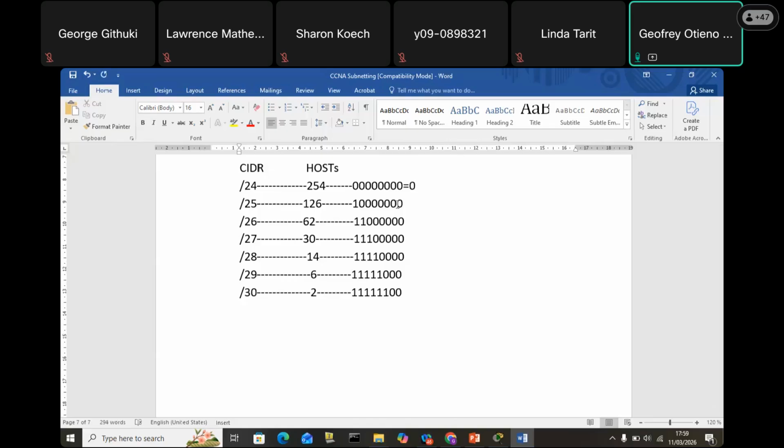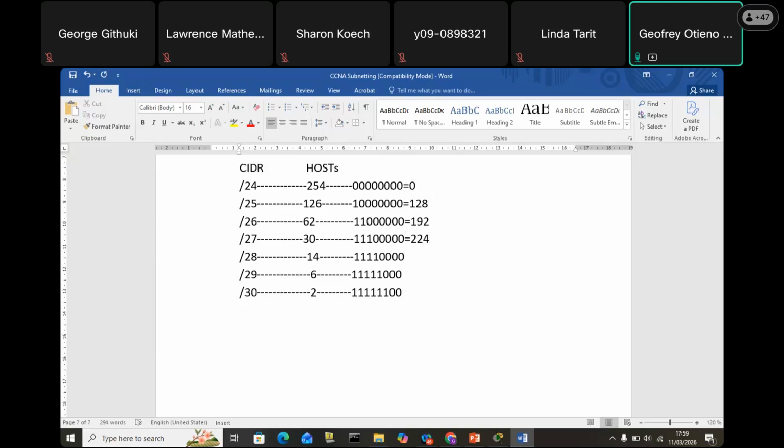This will be 0. This will be 128. If you convert that one, this will be 128. This will be 192, as you have said. This will be 224.